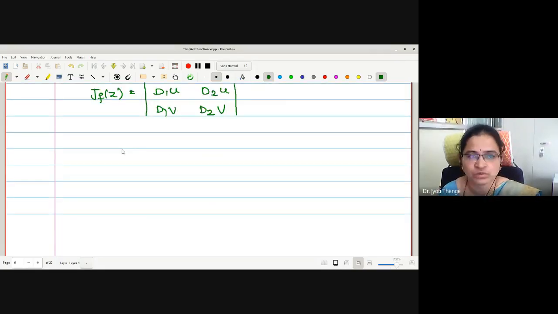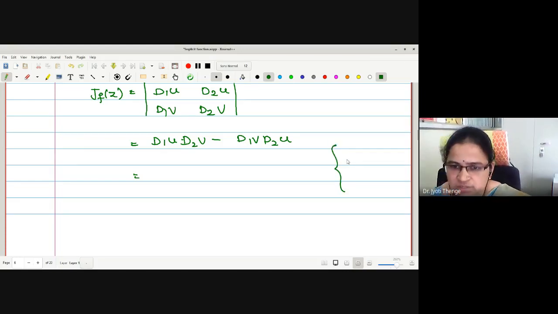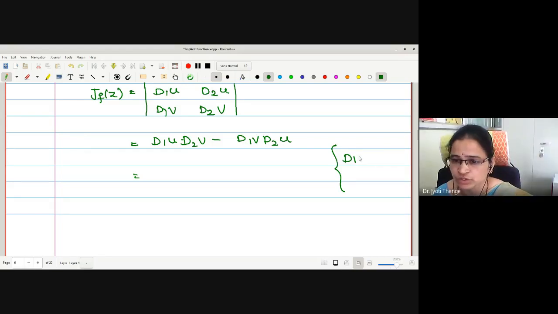How can I find this determinant? It is d1u d2v minus d1v d2u. But as this function is complex differentiable, the Cauchy-Riemann equations hold. What are the Cauchy-Riemann equations? ux equals vy, and uy equals minus vx. Let me write them in terms of this notation.